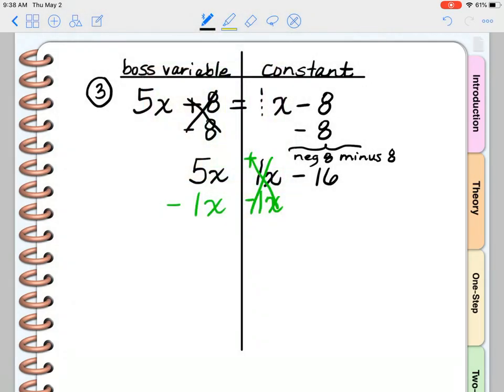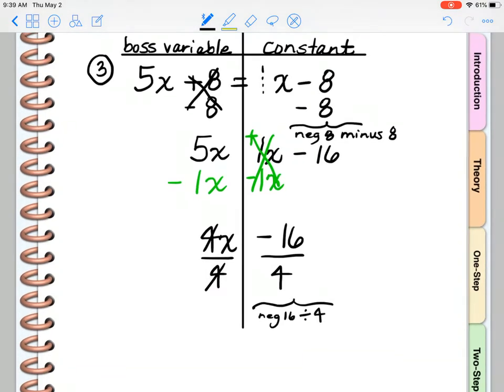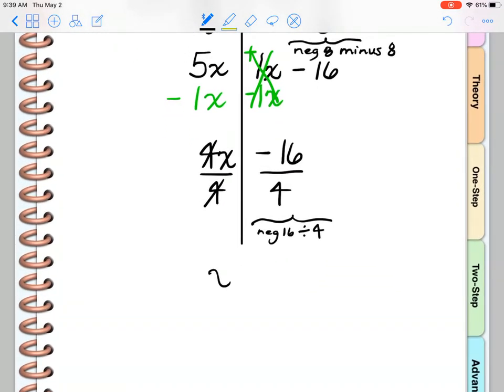So I have 4 x's on this side and a negative 16 on this side. Divide your coefficient away. So here we're saying negative 16 divided by 4, and that comes out to be x equals negative 4. Don't lose your negative sign.